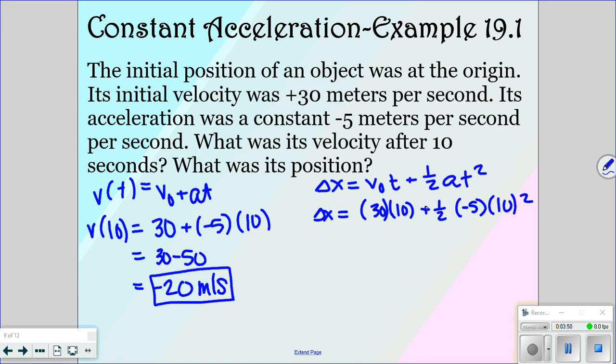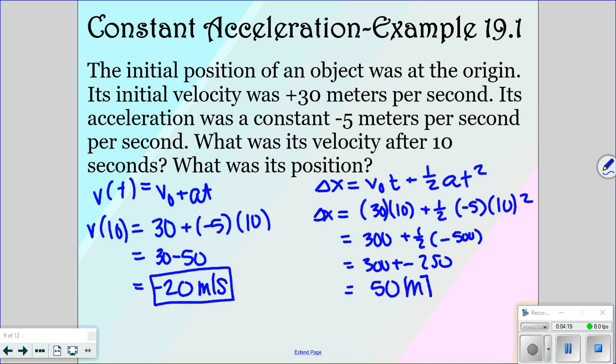So if you multiply here, we have 300 plus 1/2 times -500. So 300 plus -250. So 50. And it started at the origin, and so origin is 0, so the change in position was 50, so its position was 50, and units for that are meters. So that would be your answer for your position.